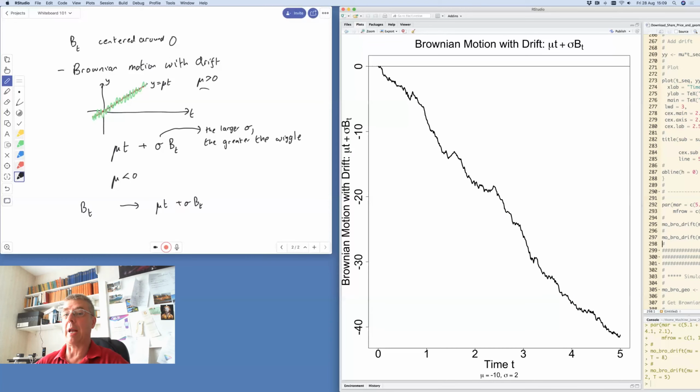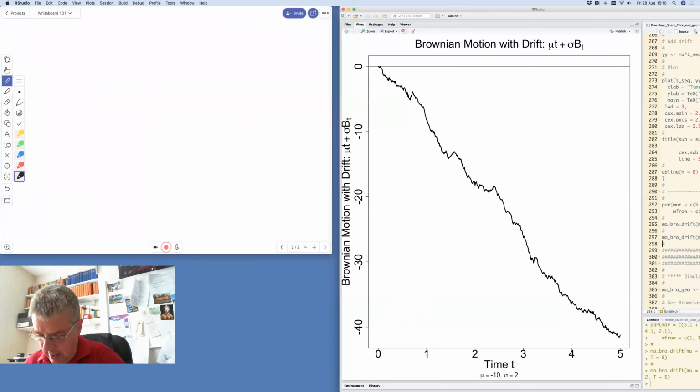Okay, now we've generalized our original Brownian motion model to the Brownian motion with drift model. But that's not actually good enough for our purposes, because as we can see from this figure here, the value that Brownian motion with drift takes can be negative. And no share price is negative. So we need somehow some way of making this positive. So I'll move on to the next slide.